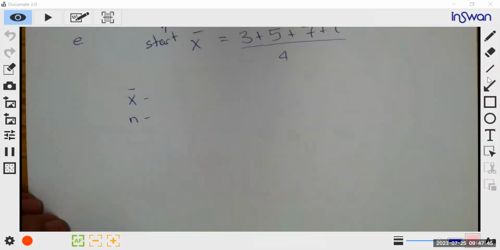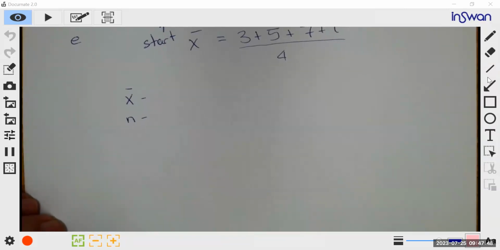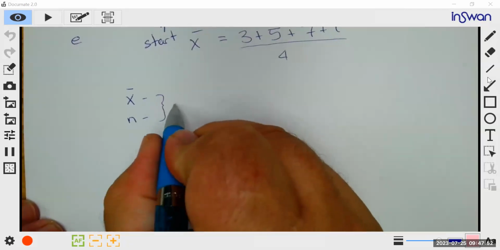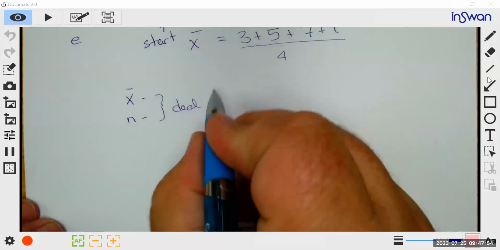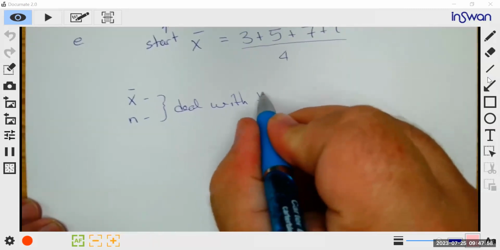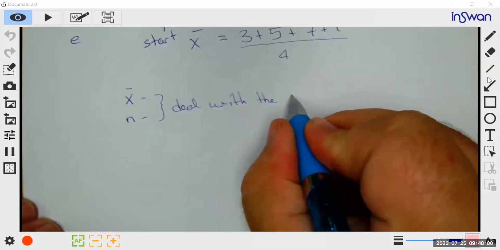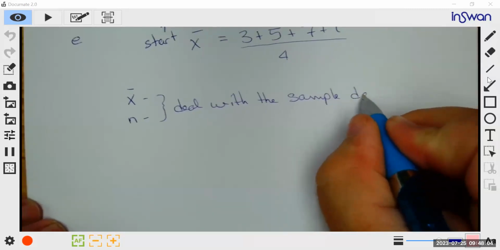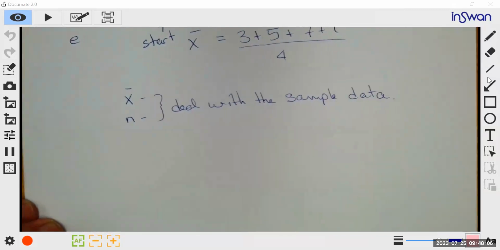These two symbols deal with the sample data.